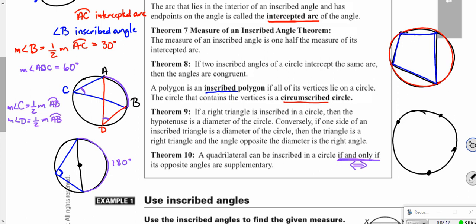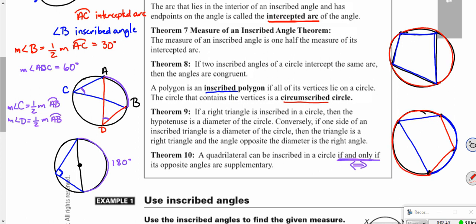Now, first of all, let me use different colors. If I draw this side, this intercepted arc length, this angle is 1/2 of that, right? And if I draw the opposite angle to that, this is 1/2 of that arc length.